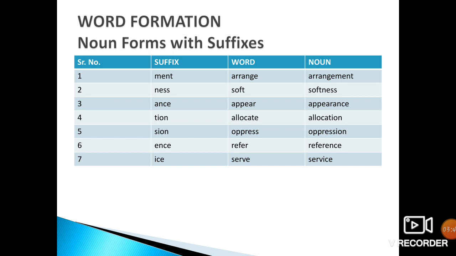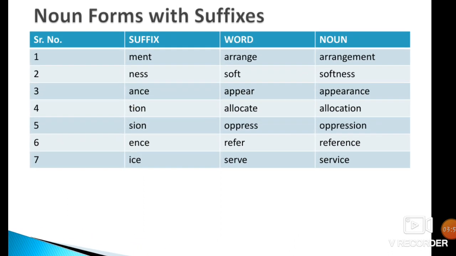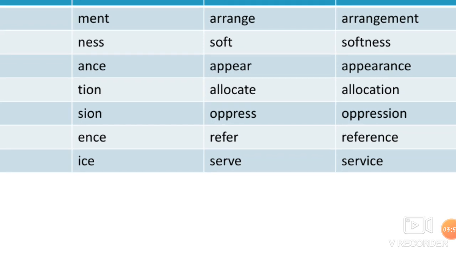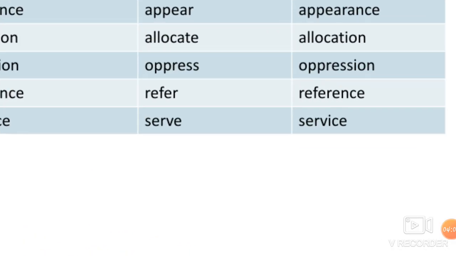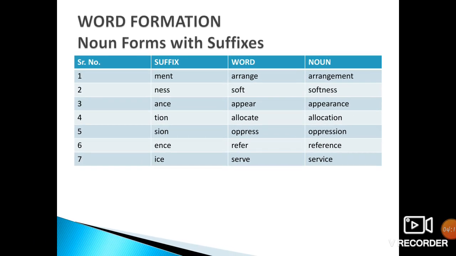Arrangement, softness, appearance, allocate becomes allocation, oppress becomes oppression, refer becomes reference and serve becomes service. In serve, the last E is not there. In place of E, we are putting I. Okay, service. So remember, these are the noun forms with suffixes.